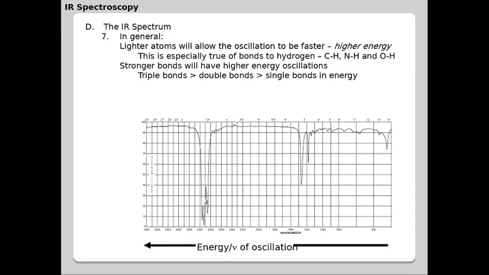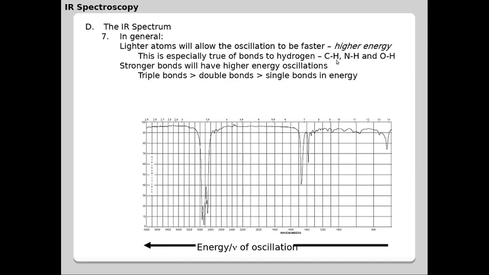Since reduced mass is inversely proportional to frequency, with a decrease in reduced mass, the vibrational frequency increases. That means the vibrational transition can be observed at a higher frequency or higher energy. This is especially true for chemical bonds that involve a hydrogen atom, for example C-H, N-H and O-H.